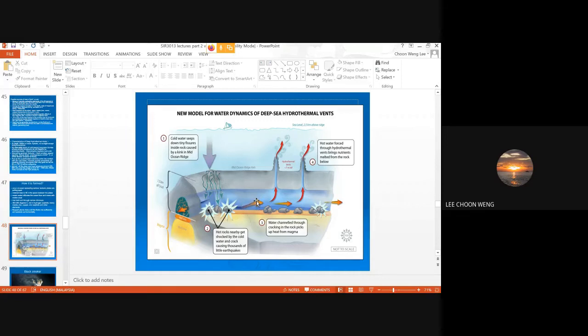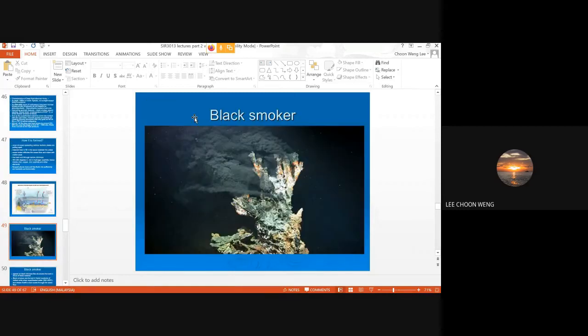Okay, so these elements, these chemicals will enter the water, and this water becomes superheated and will go up the chimneys. Okay, so this is also a hypothesis. Okay, not really proven yet. So this is a picture of the black smoker.